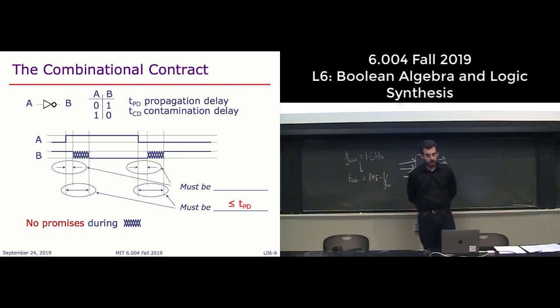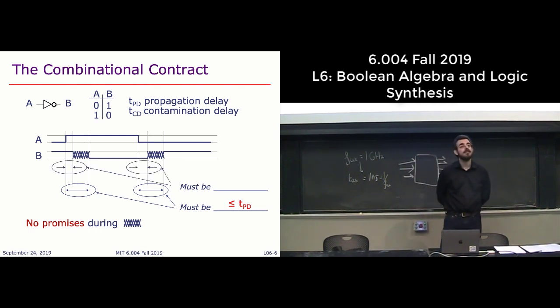And then these other intervals must be smaller, right? The interval from the input switching to the output becoming invalid must be at least the contamination delay, right? Okay. Any questions?